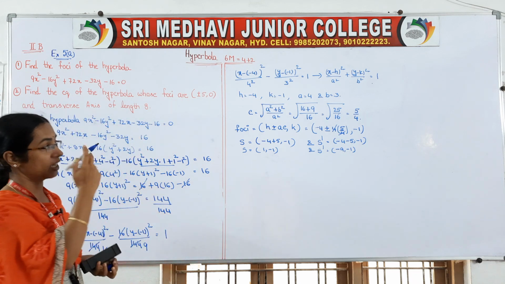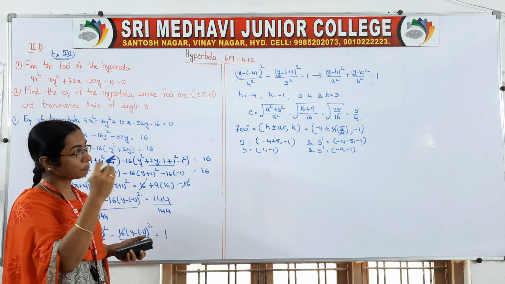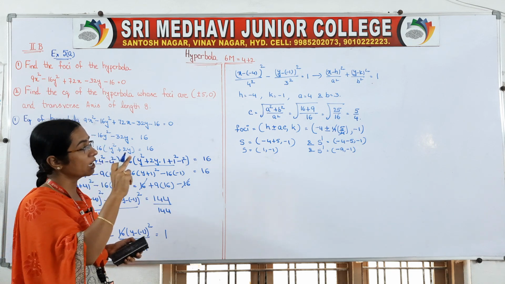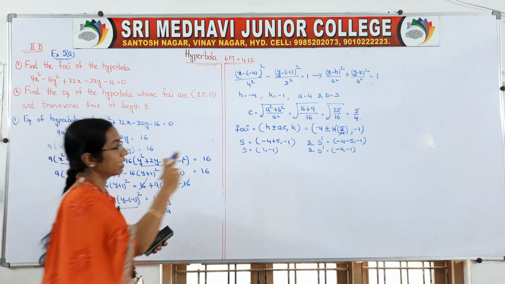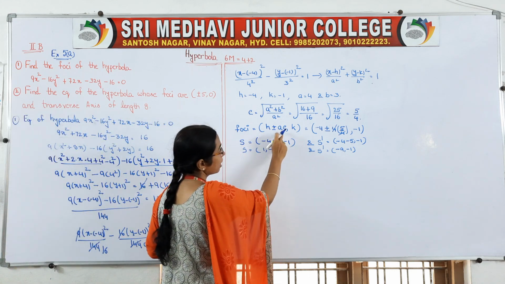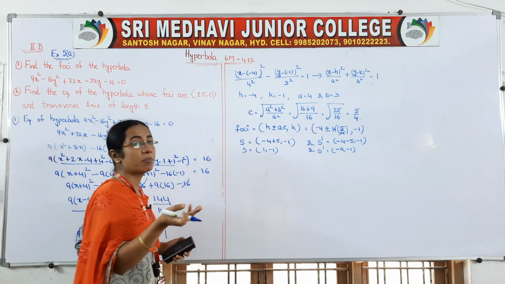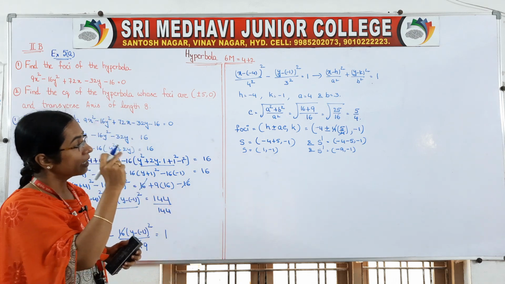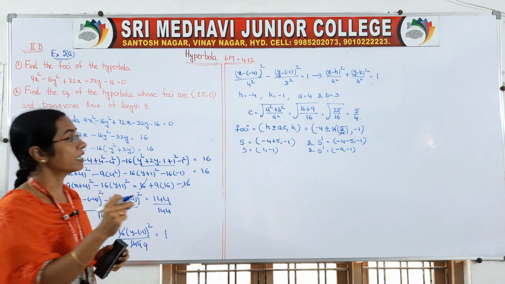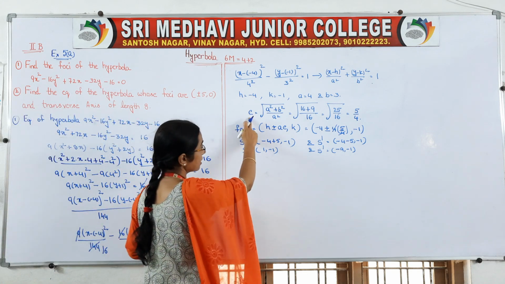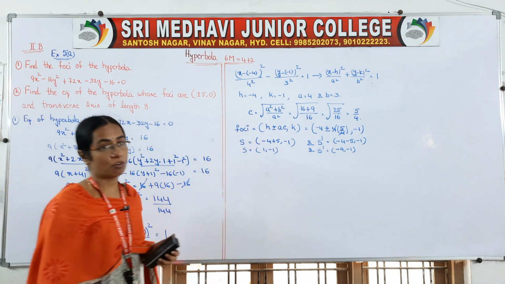Then you find out eccentricity. Actually, the formulas of foci and directrix will be in terms of e, so eccentricity is needed. That's why you find out eccentricity, then you can write your foci.